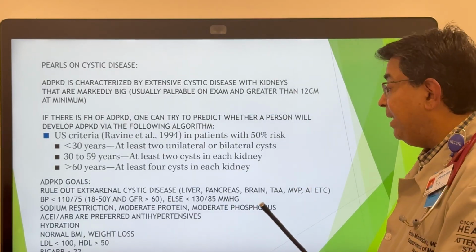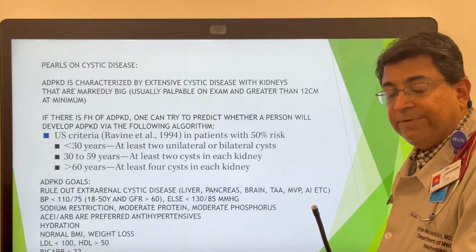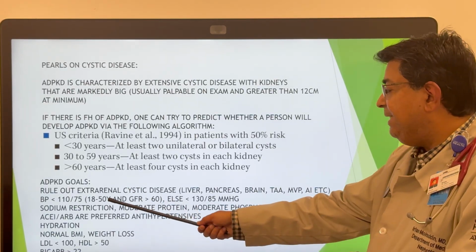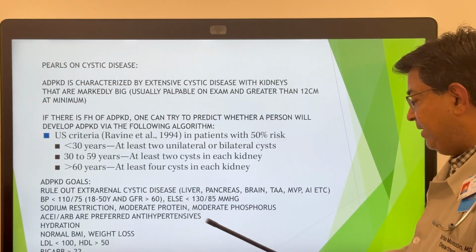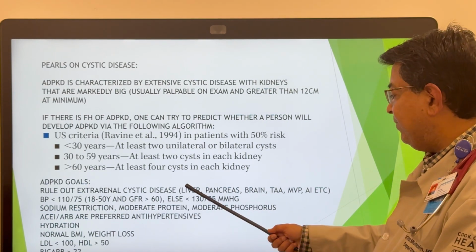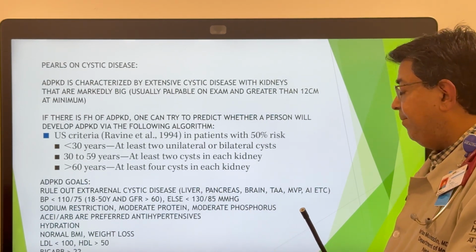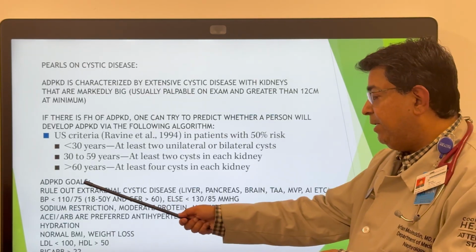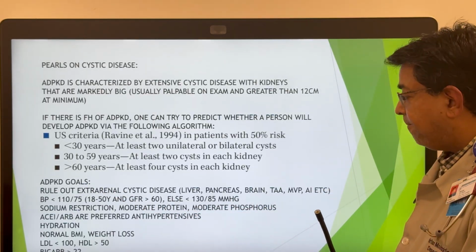And then the blood pressure goal is less than 110 over 75 in patients who are 18 to 50 years old, or if GFR is greater than 60. Otherwise, it's 130 over 85. But I frequently see patients with ADPKD whom I do try to reduce the blood pressure to 110 over 75.